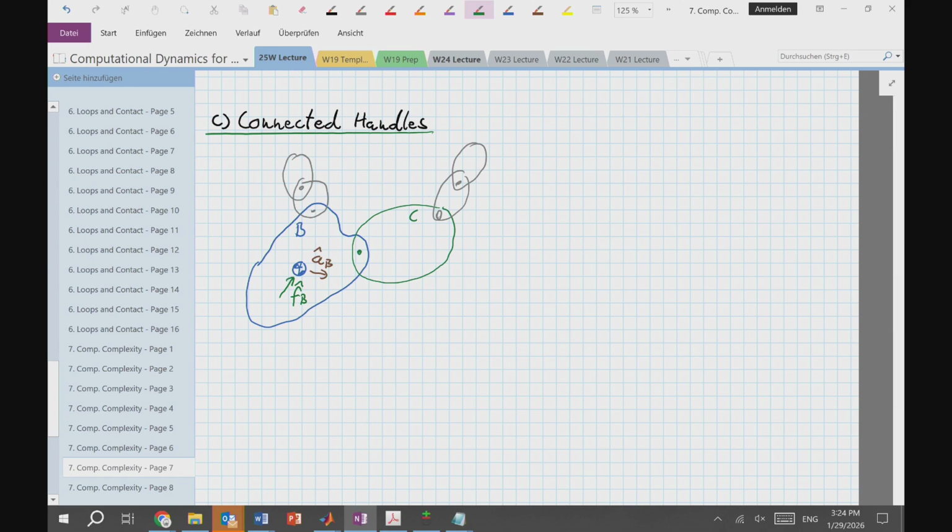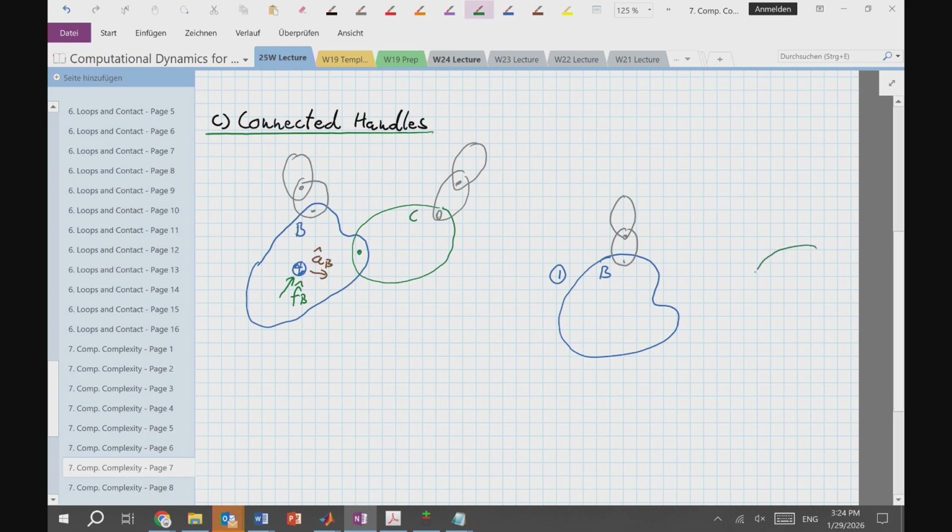I can split this apart into two individual articulated bodies. I would have articulated body 1 with handle B, which is the blue guy plus the stuff directly attached to the blue guy.